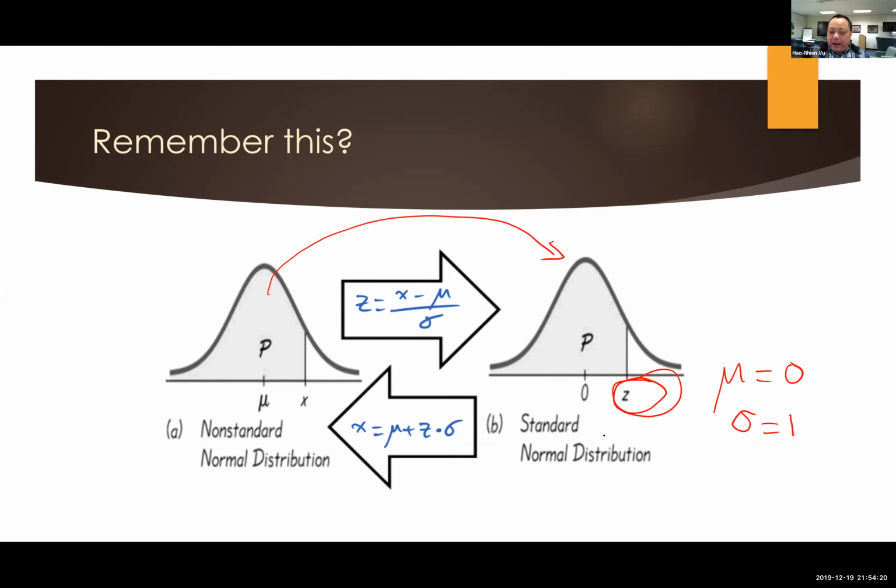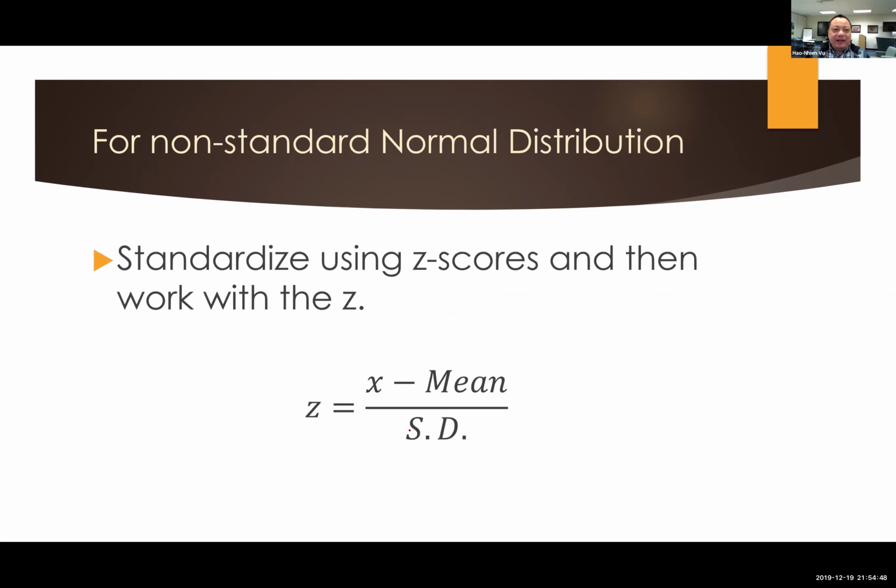And if you want to go back, then you use the backward formula, the x equals formula, which comes out of the definition of z. Z is how many standard deviations you are from the mean. So if you compute the z-score using z equals x minus mean over standard deviation, you get from normal to z. And from z, if necessary, you use the other formula to go back to x. Okay, so that's what we call standardizing.